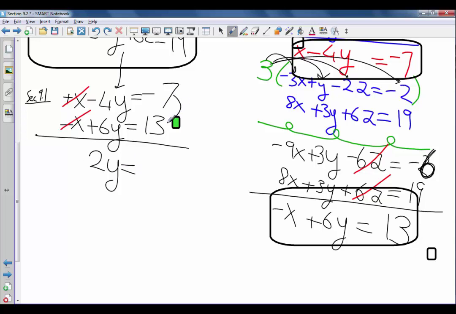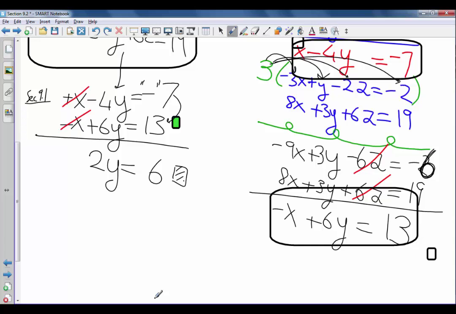What do negative 7 and 13 make? 6. Oh, you're right, it's not 7. Yeah, there is a minus sign here. So it is 6, with this green box. Right?